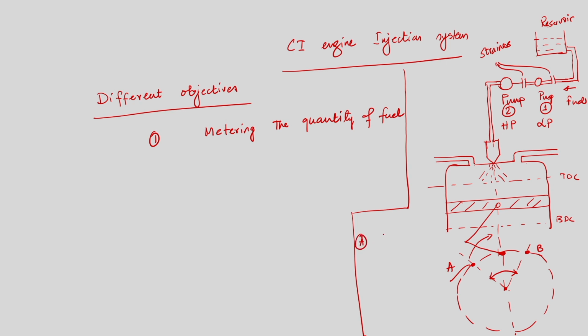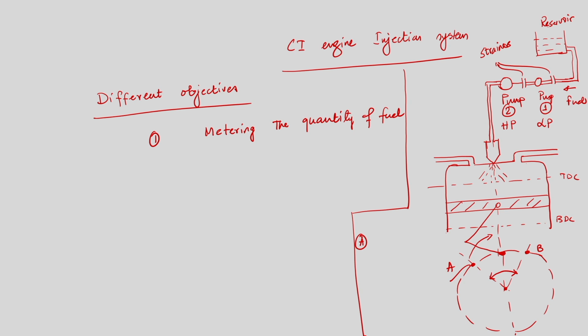Now we can see from the schematic that fuel is taken from the reservoir, and of course we need to strain out the foreign elements expected to be in the reservoir, because if we allow foreign particles to go into the nozzle, they will clog the fuel nozzle.